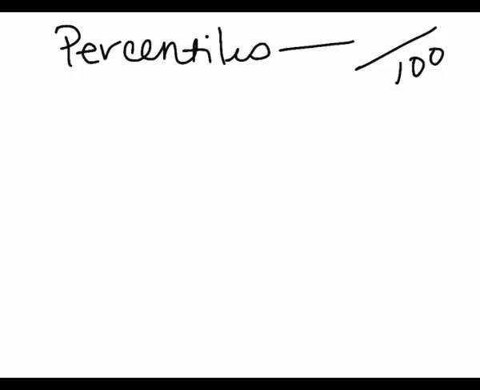So if she's in the 73rd percentile for her height, what does that mean? That means if there were 100 kids and they lined them up from the shortest kid to the biggest kid, my daughter would be number 73. Does that make sense? 50 would be the average. My daughter would be number 73 if she was in the 73rd percentile.